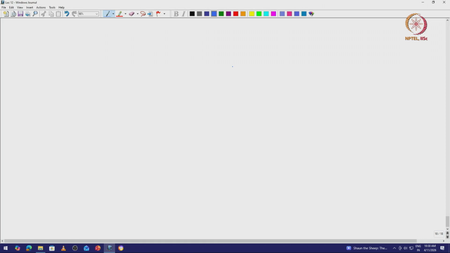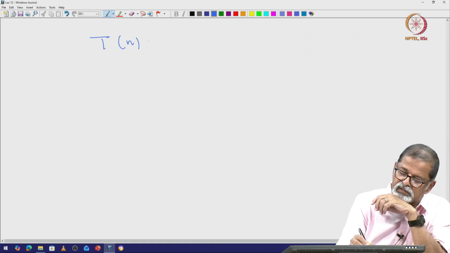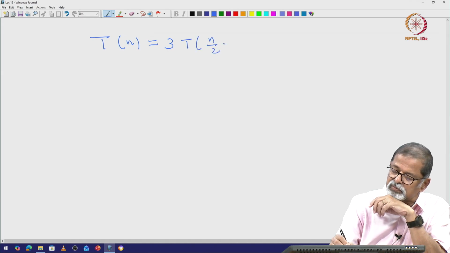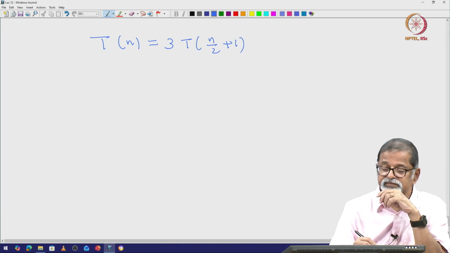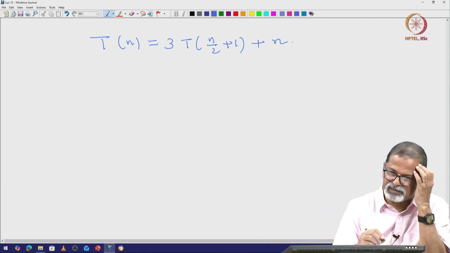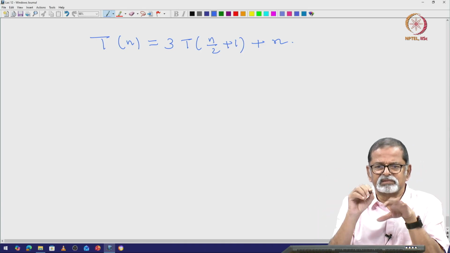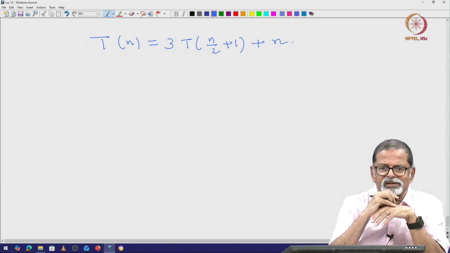T of n equal to 3 times T of n by 2 plus 1 plus order n. Let us simply write as n. Some constant is there, that is not necessary, just to avoid the clutter.